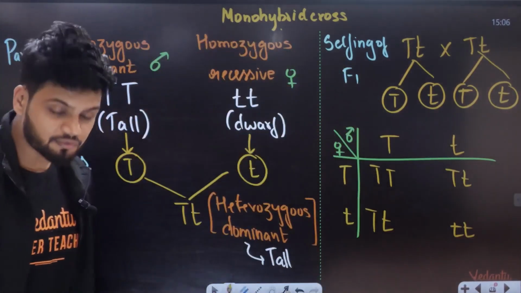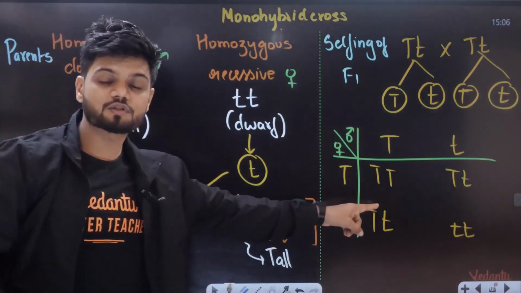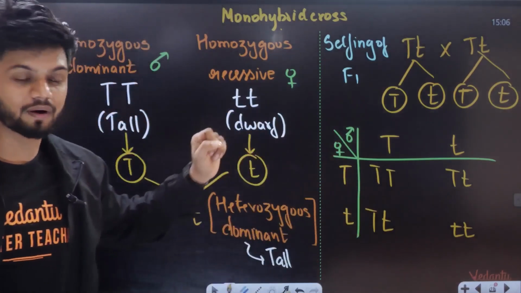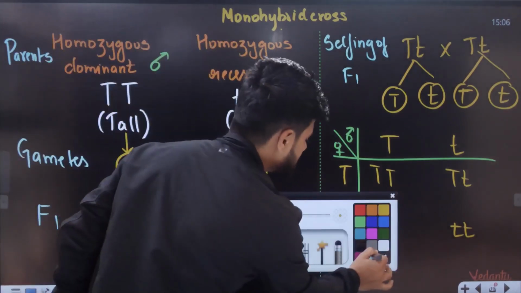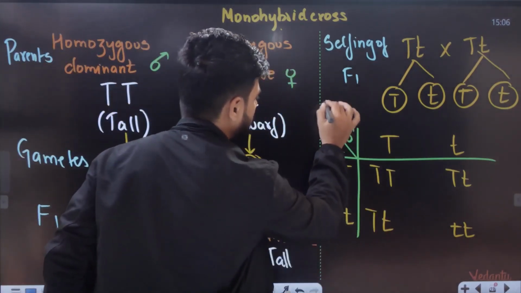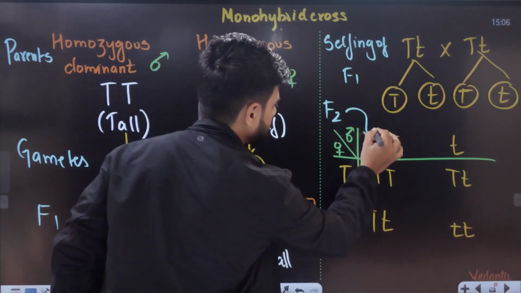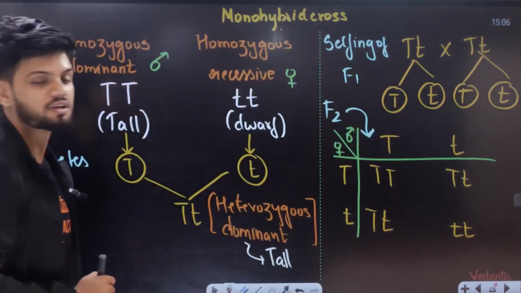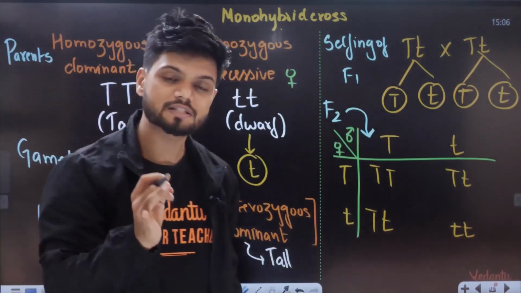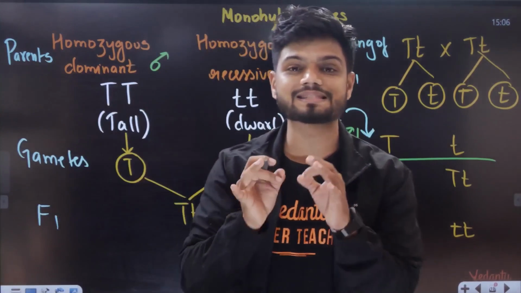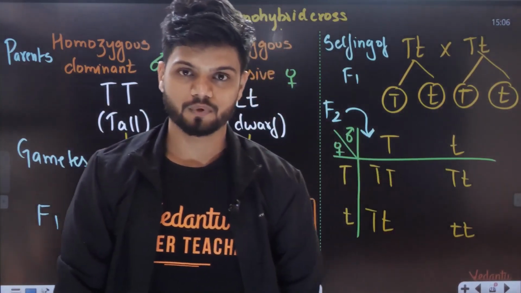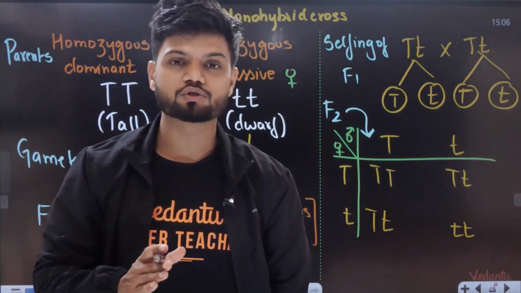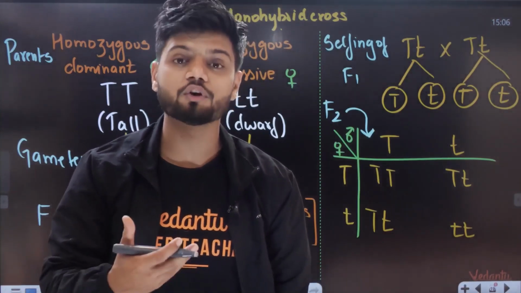Okay, so these are the different types of offspring which we get after F1, and these offspring are called your F2 generation, the second filial generation. Now, the last step here is to find the genotypic ratio and phenotypic ratio.